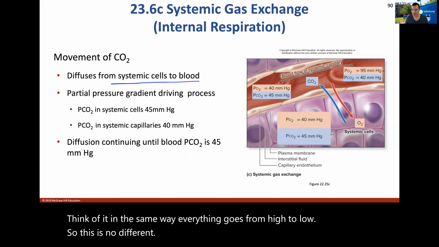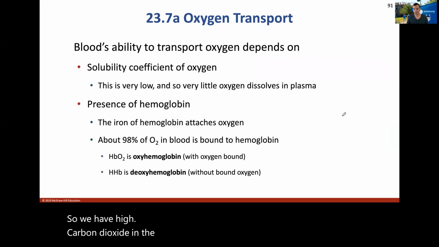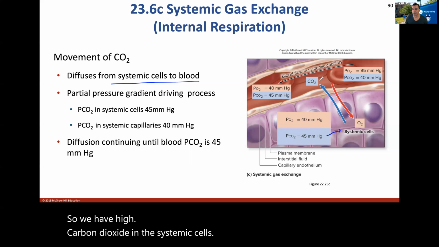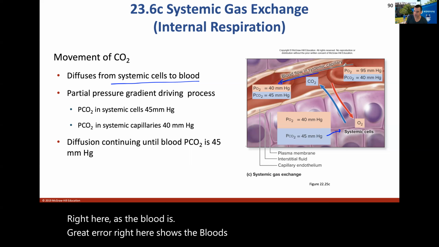So we have high carbon dioxide in the systemic cells. We have low concentration right here, as the blood, the arrow right here shows the blood's going in this direction.